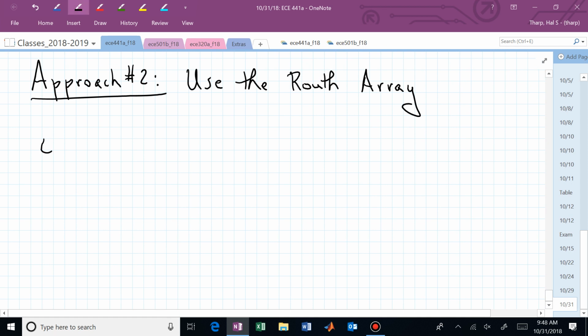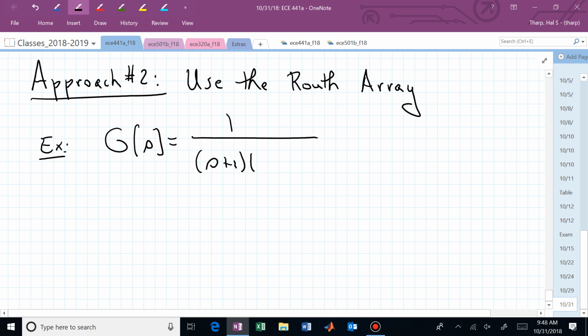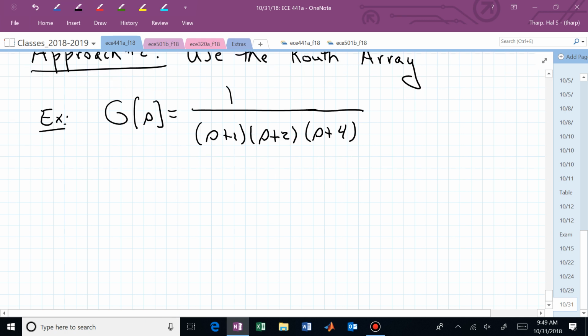And how would that work in our example? Our example we had was G of s is 1 over s plus 1, s plus 2, s plus 4. How do we get a Routh array from this?